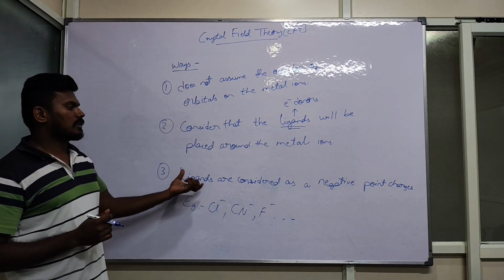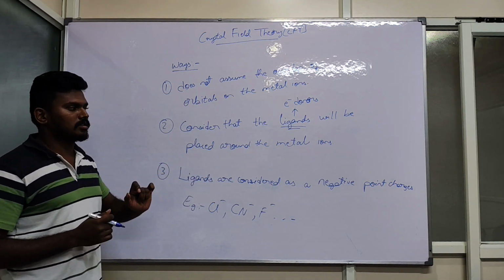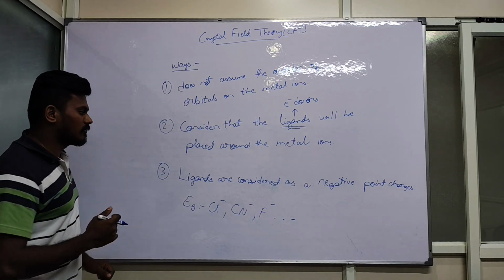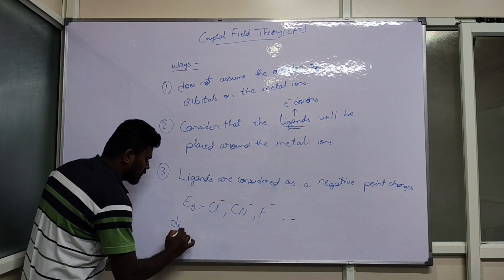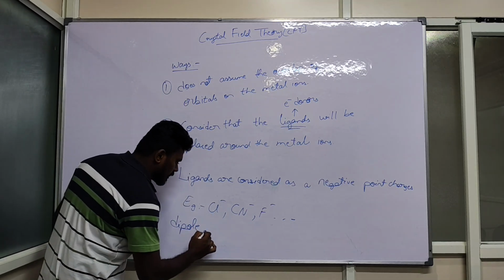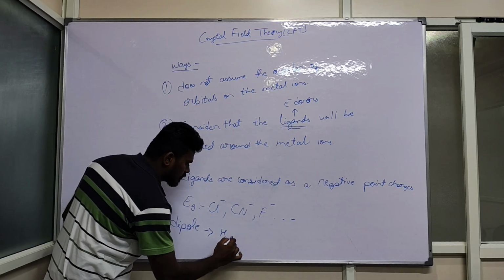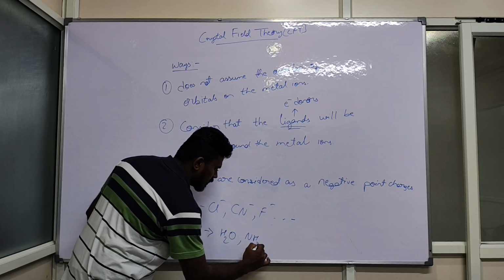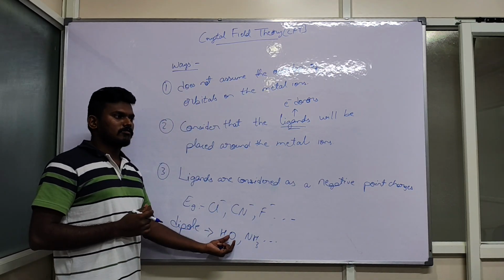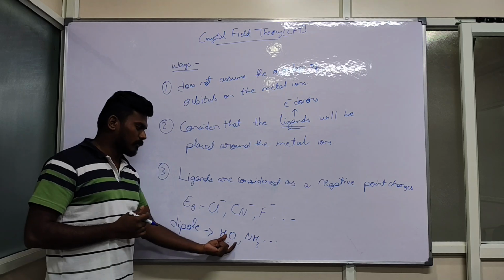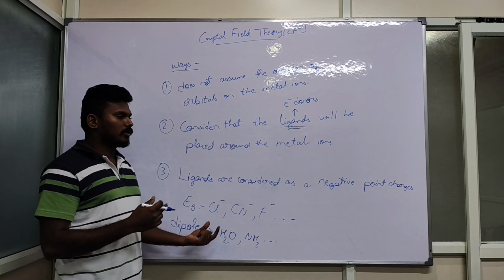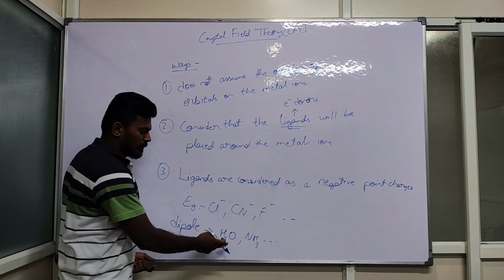And here the ligands are not only considered as negative point charges. Along with that, you can find dipole molecules. Examples for the dipole molecules will be H2O, NH3, etc. The negative ions in the dipole will be forming a bond, donating the pair of electrons to the metal ions.